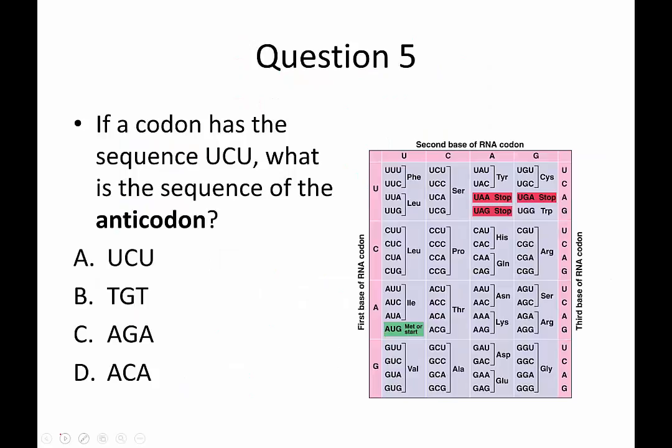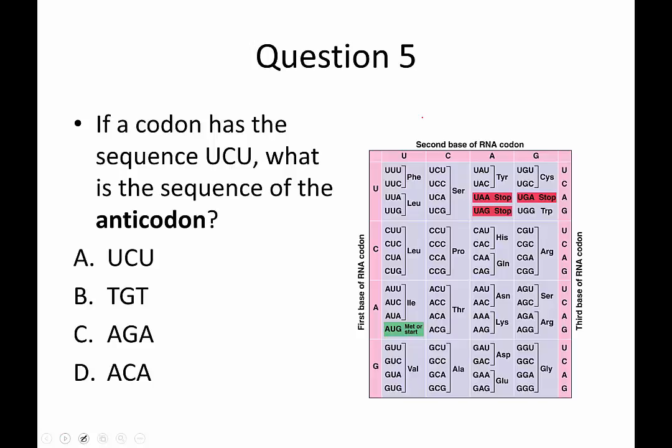So imagine we had a codon that has a sequence UCU. So what would you think the sequence of the anticodon would be? So here we'd have proper base pairing just as usual.